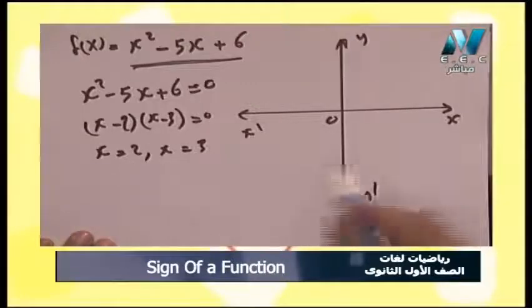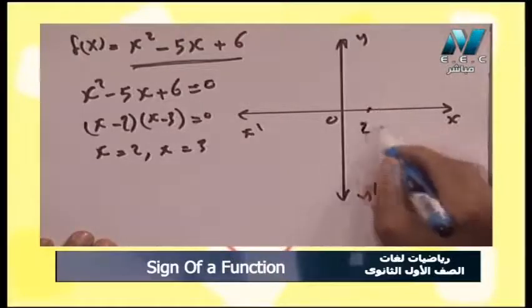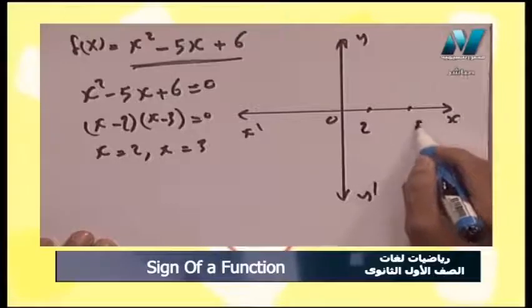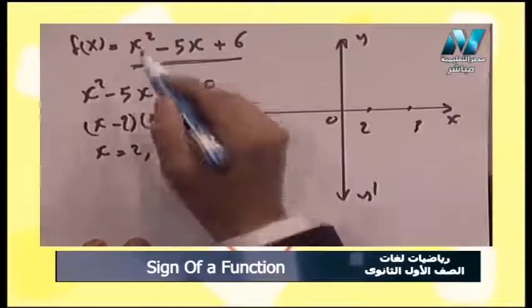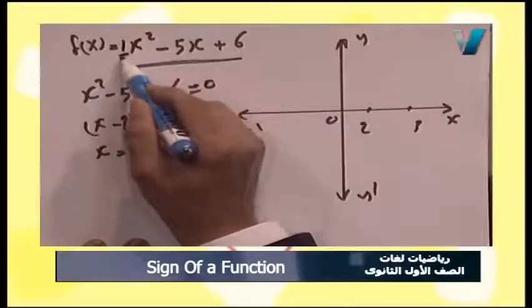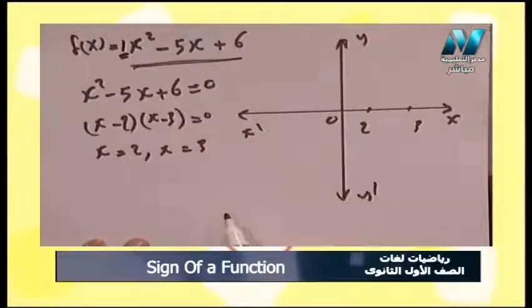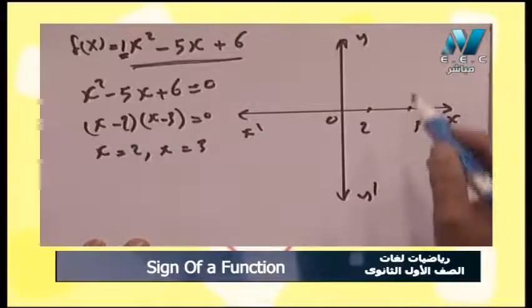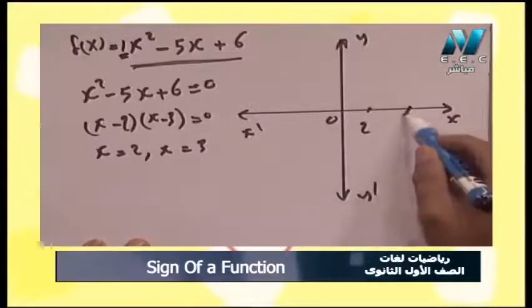Where is 2 and 3? If we put here 2 and here 3, and look carefully at this, what is the coefficient of x power 2 here? The coefficient of x power 2 is 1, or positive 1 here. So I expect that the function curve will be upward. So it's like that.